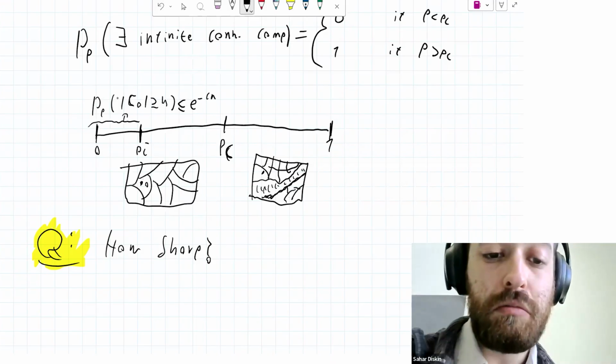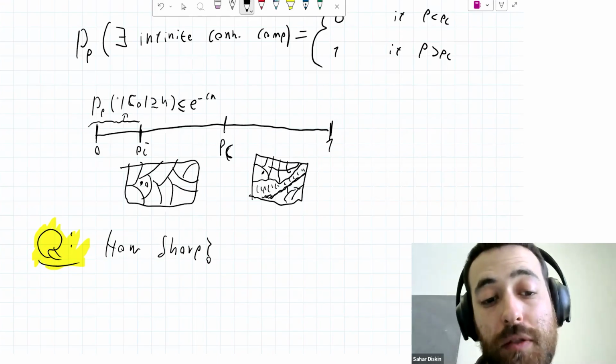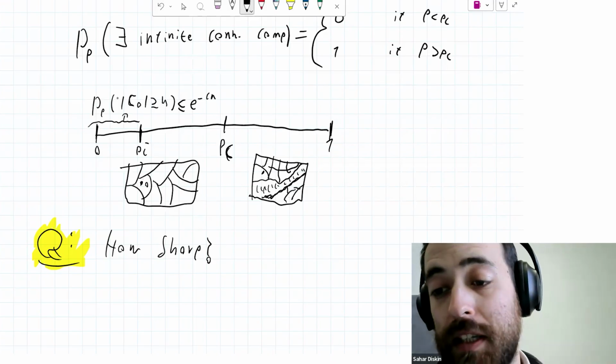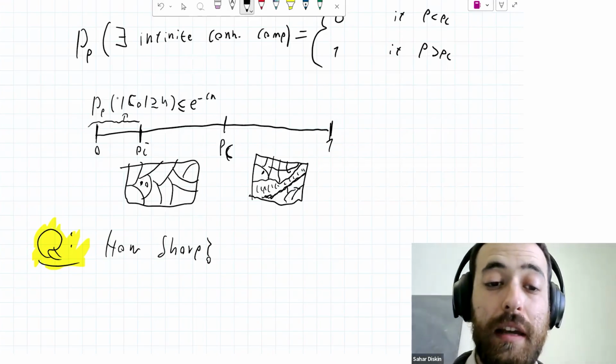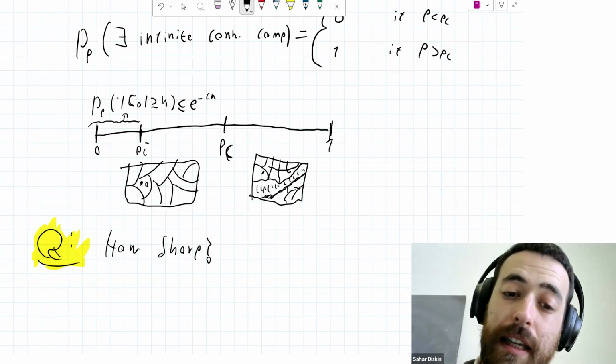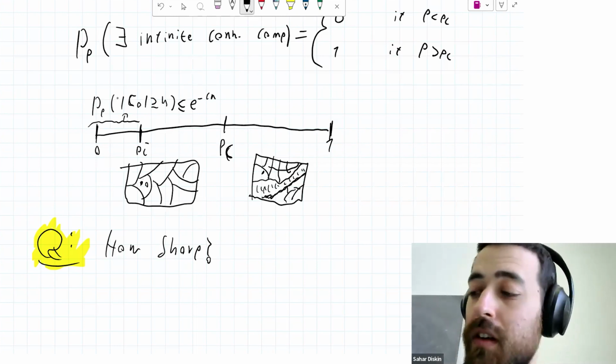So obviously there is such a p_c minus, perhaps it's zero, but there is such a p_c minus where below it the probability decays exponentially fast.